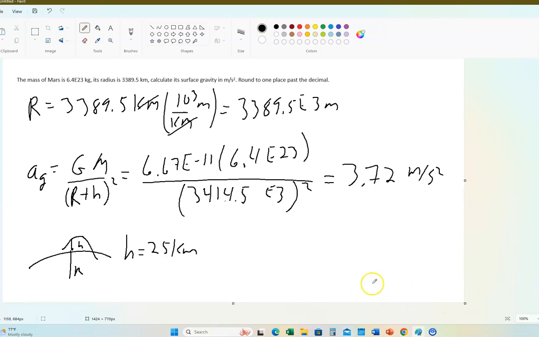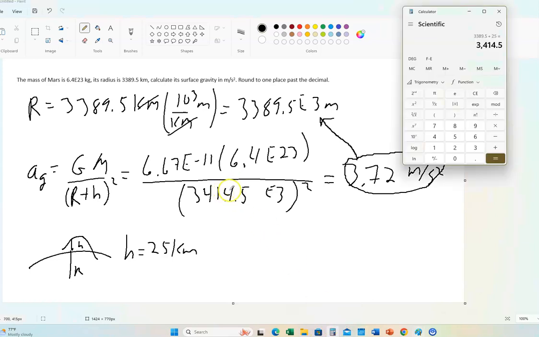So this was before, at the base of Mount Olympus, using this radius right here. And now we're going to calculate it with the radius that's in there.